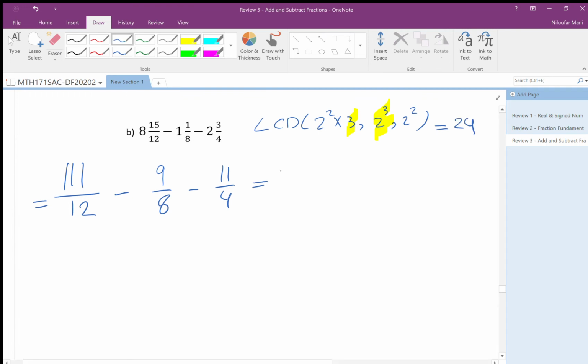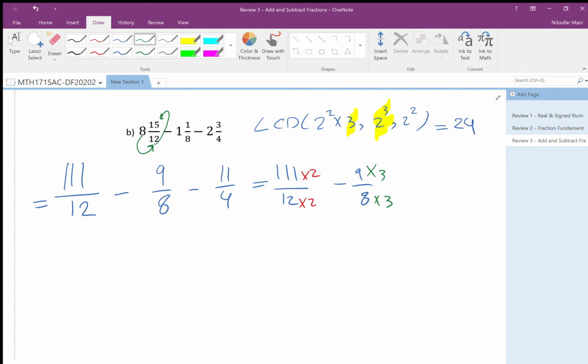So first I go to improper fractions. For an improper fraction, I do this multiplied by this plus this. 8 times 12 plus 15. 1 times 8 plus 1. 2 times 4 plus 3.